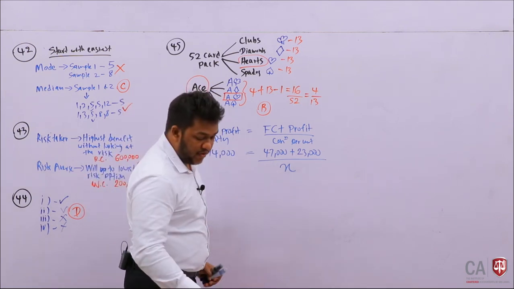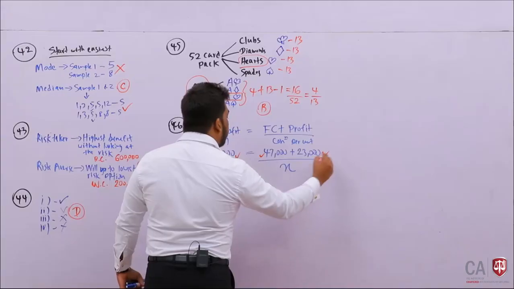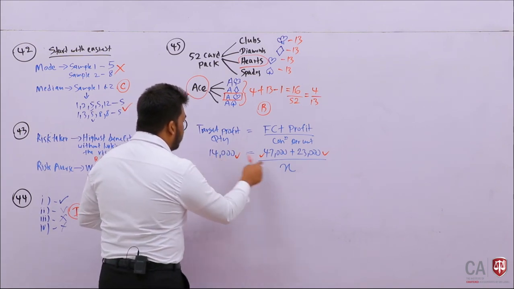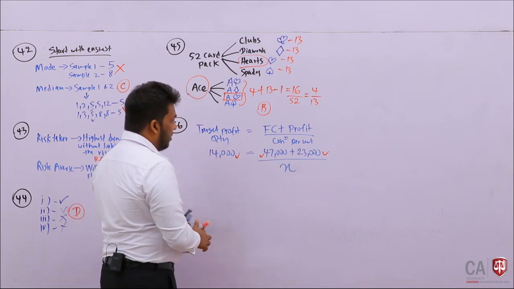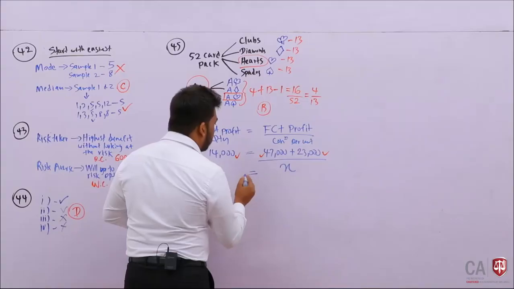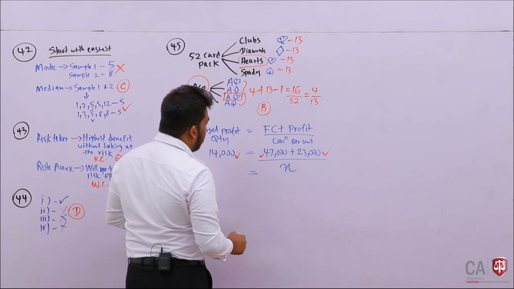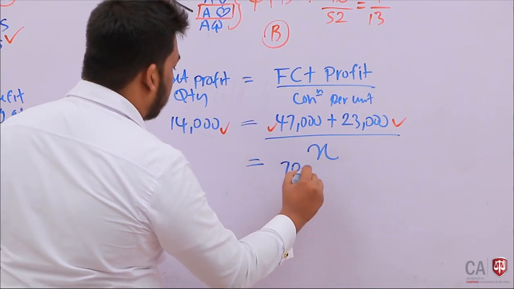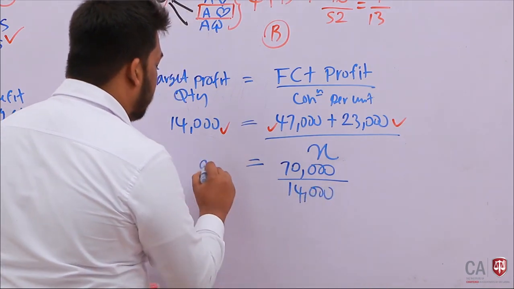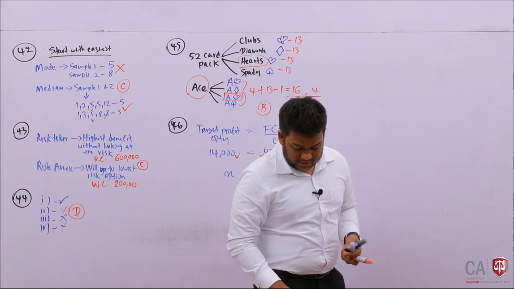Before that, you have to find out this. So you have this, you have this, but you have to find out this. How to find out? So 47,000 plus 23,000 is how much? That is 70,000. So 70,000 divided by 14,000 equals X. So how much?